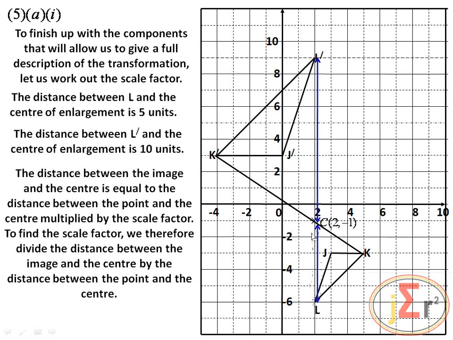Then we multiply that distance by the scale factor, and that will be the distance from the center to the image of that point. So take the distance between the point and the center, multiply that by the scale factor, and we get the distance between the center of enlargement and the image of the point. Therefore, if we divide this distance by this one, we will get the scale factor.